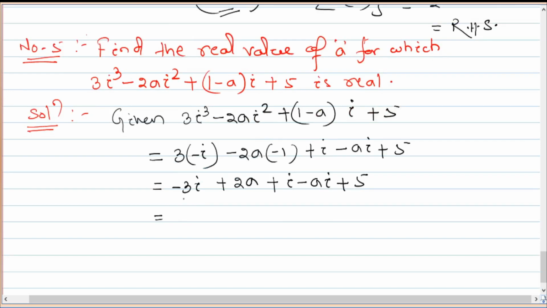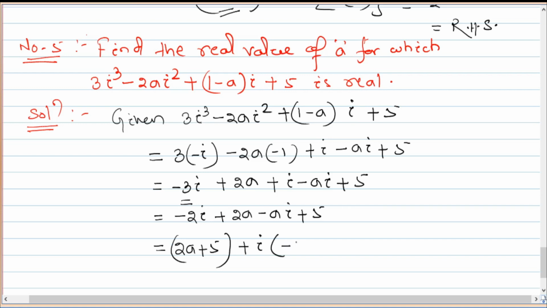Collecting terms, the real part is 2a plus 5, and taking i as common, what is left is minus 2 minus a.